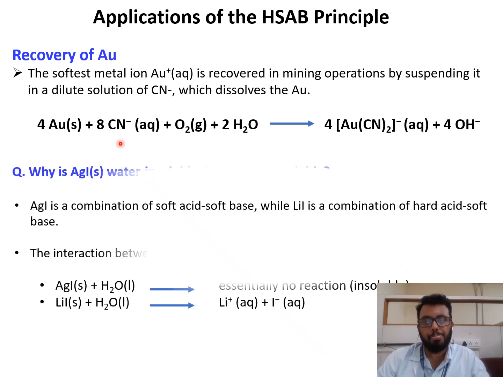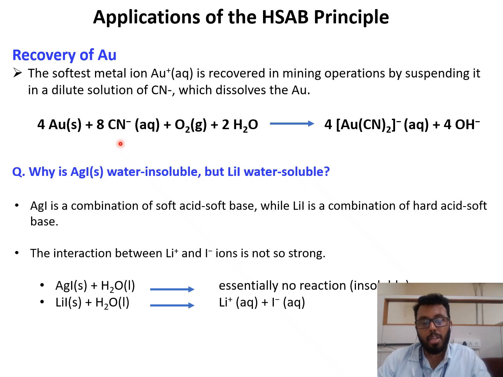That also we know. And this is one of the questions which have been repeatedly asked in the final sem and also in CTs. Why is AgI water insoluble but lithium iodide is water soluble? How will you explain this one, based on the HSAB principle? AgI is a combination of soft acid, Ag is a soft acid like gold we have seen, and iodide is a soft base.